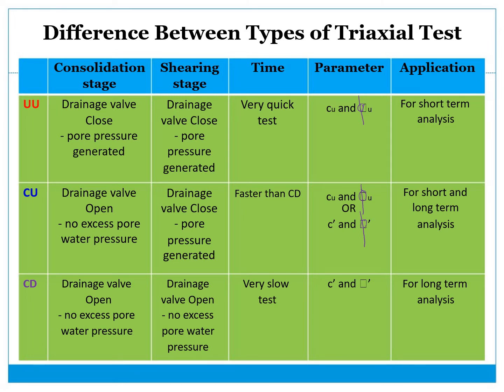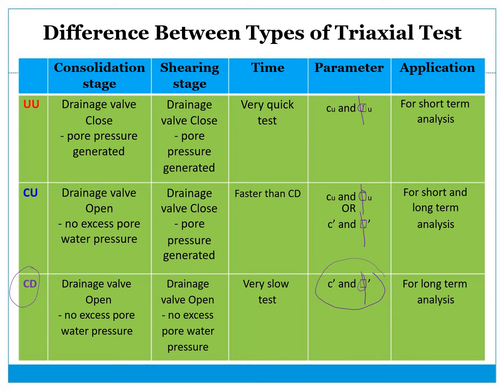This one is for short and long-term analysis. And now we go for the CD. In CD, the drainage valve is open during the consolidation stage, with no excess pore water pressure allowed. During the shearing stage, the drainage valve is open, with no excess pore water pressure. This is a very slow test. We will get c prime and phi prime.